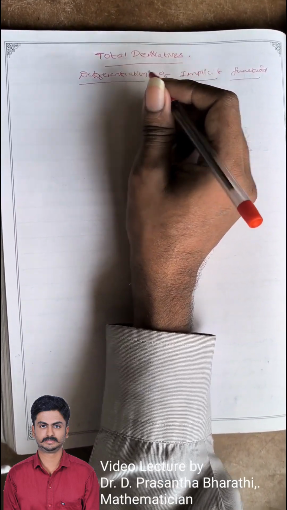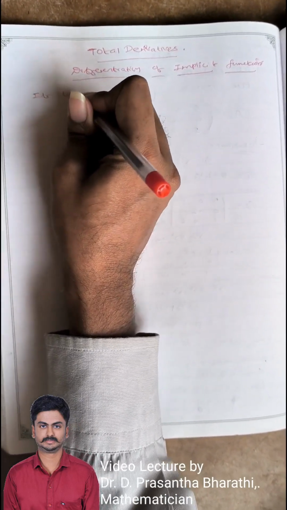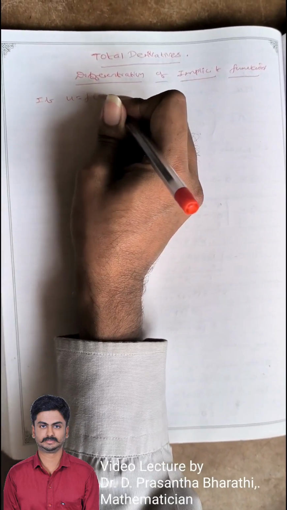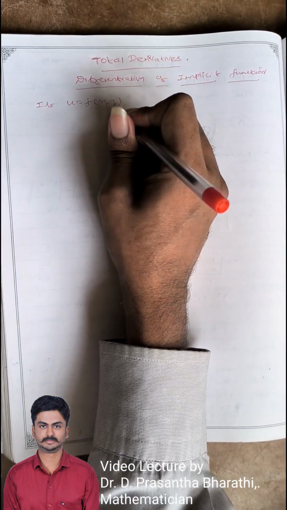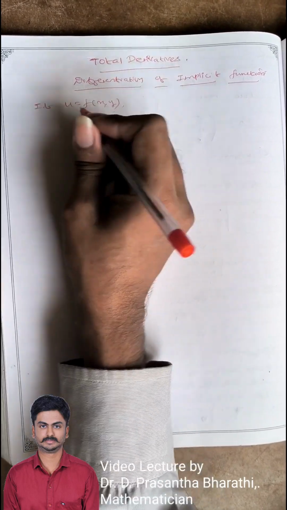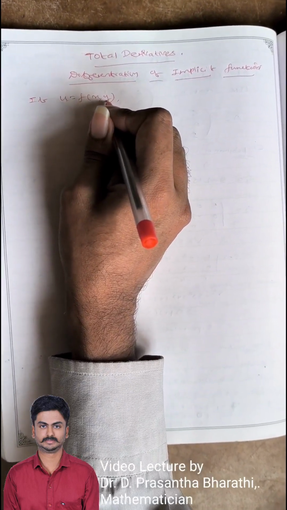Already we had discussed that if u equals f of x comma y, then we can find dou u by dou x and dou u by dou y.